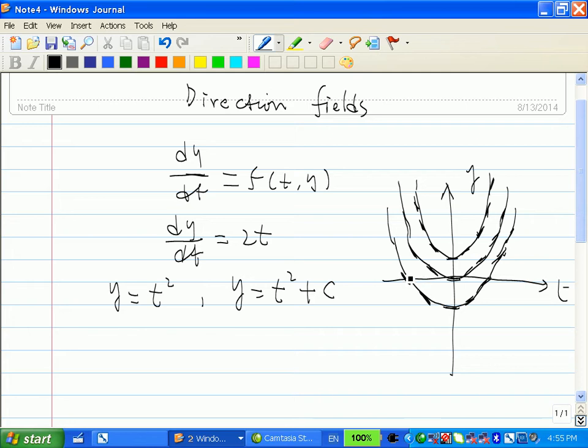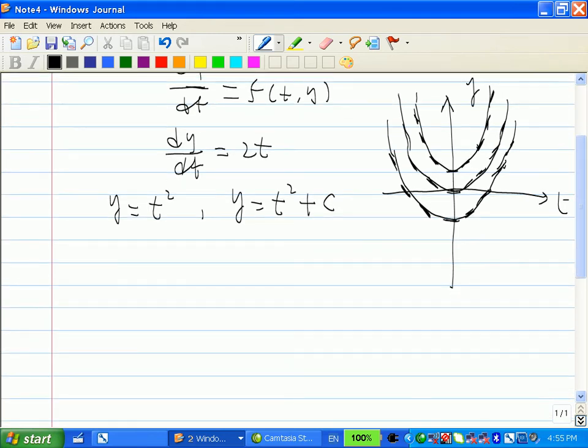All those small bars form what we call a direction field. So, what is the direction field for the differential equation dy/dt = 2t? It's like this. Now, you can find your direction field even without solving your differential equation.